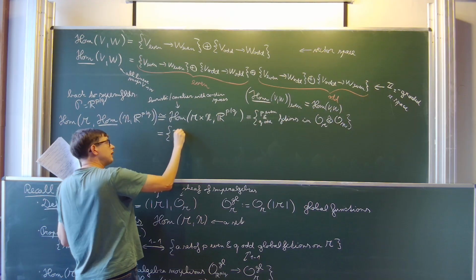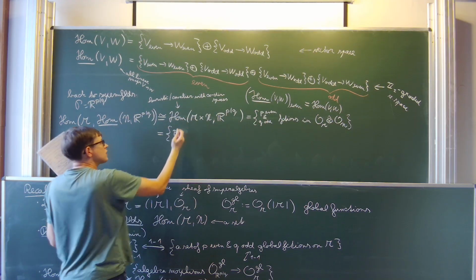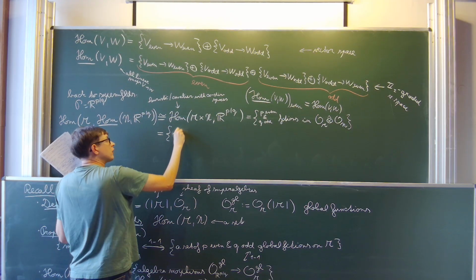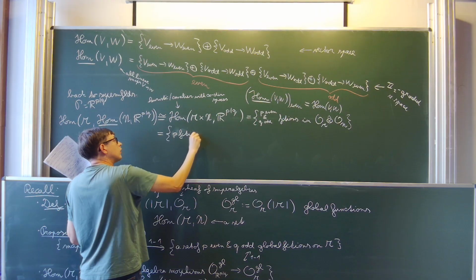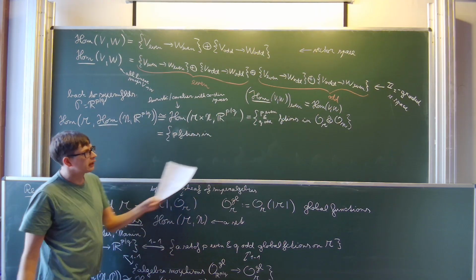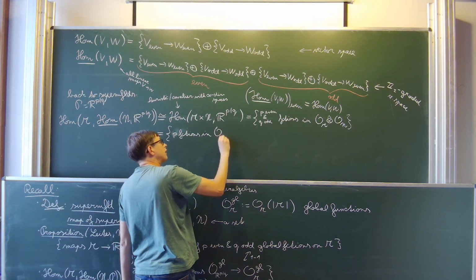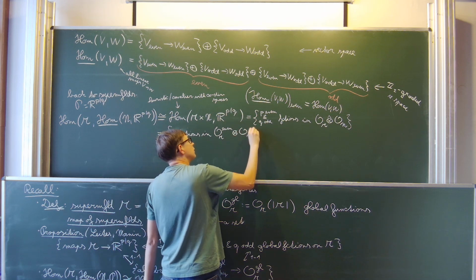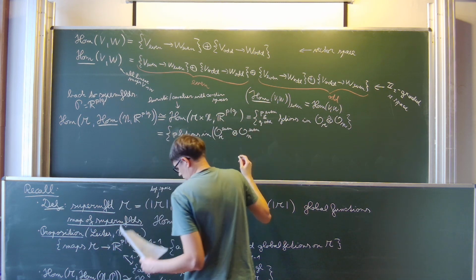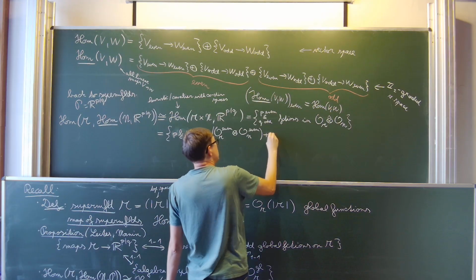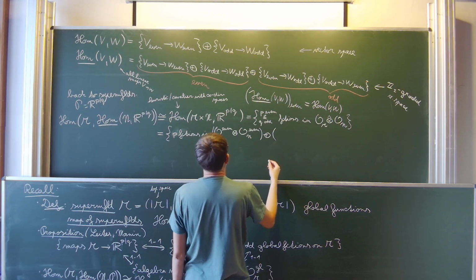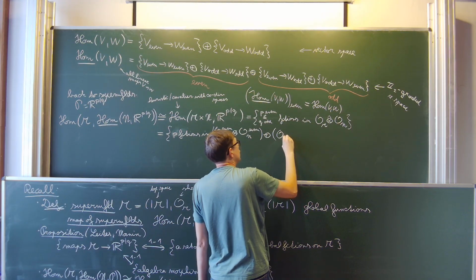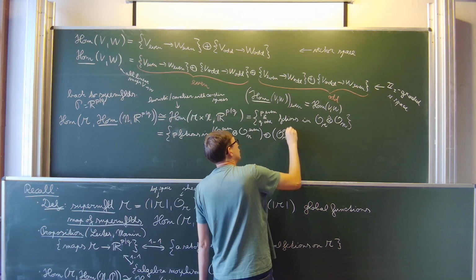We need p even functions, and q odd functions. So let's write explicitly what even here is. So even means that I either take it to be even here and even here, or I take it to be odd and odd.